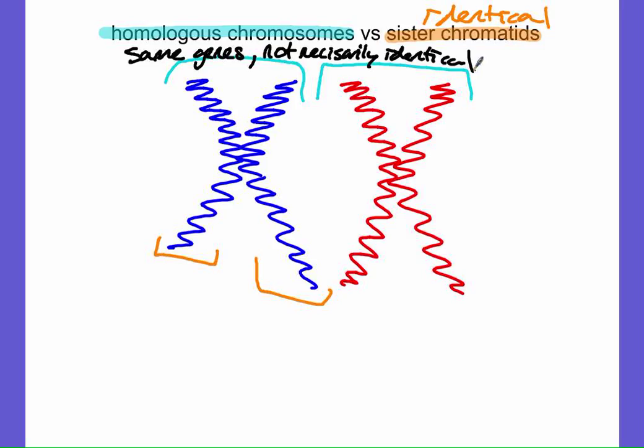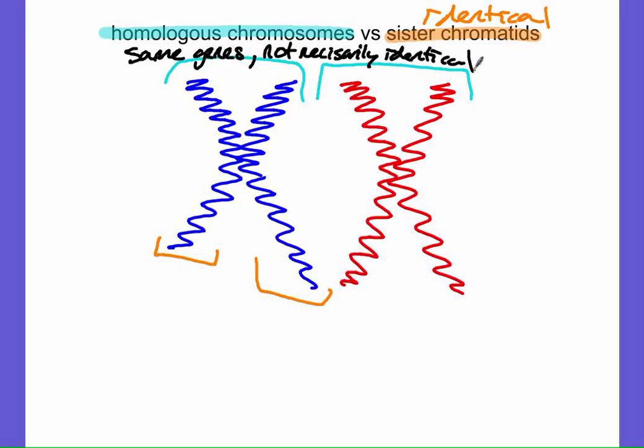Isn't brown eyes dominant? Yes, it is. But if I look at this side versus this side, when I'm looking at the chromatids in this chromosome, if I have the blue eye allele right here on this chromatid, I have the exact same thing on this one because those are identical, for sure. But I don't have to have the blue eye allele on the red chromosome, although it could be the blue eye allele.